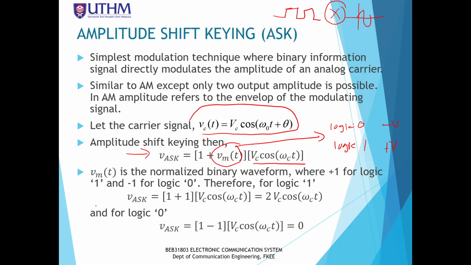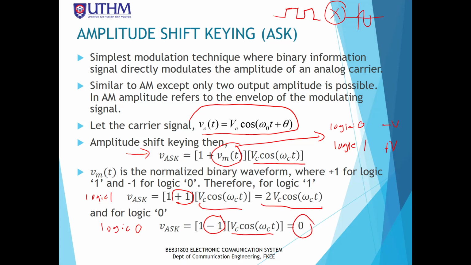So you see that for logic 1, Vm(t) will produce positive 1, multiplied with the carrier, so it will produce the output of 2 Vc cos(ωc t). And for logic 0, Vm(t) will produce negative 1, so (1 + (-1)) is 0, and 0 multiplied with anything will produce 0 at the output.